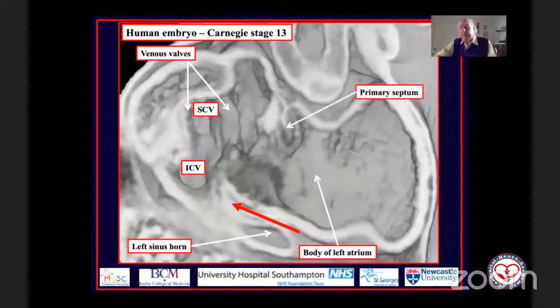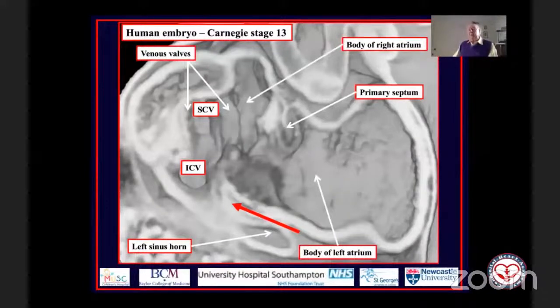There is the primary septum, and the primary septum is partitioning the body of the atrium, so that almost all of it goes onto the left side. At this stage, there's a little bit of the body of the right atrium which is between what will eventually be the sinus and the left venous valve.